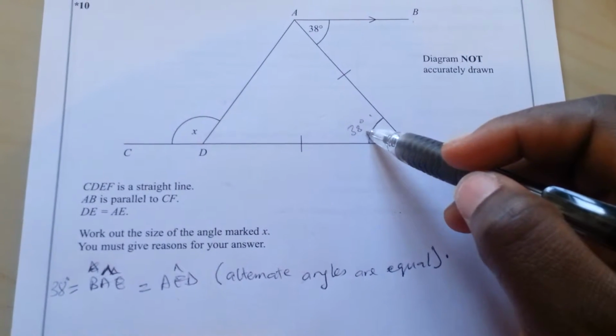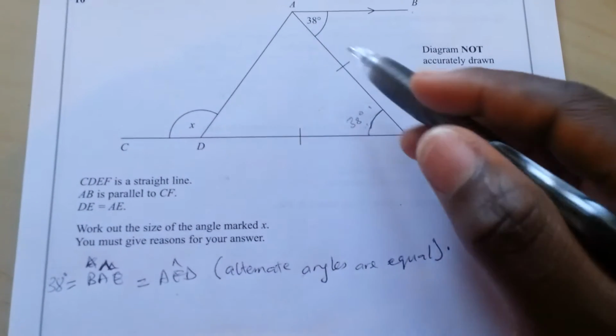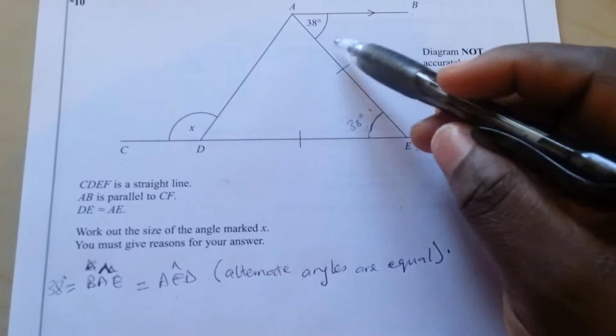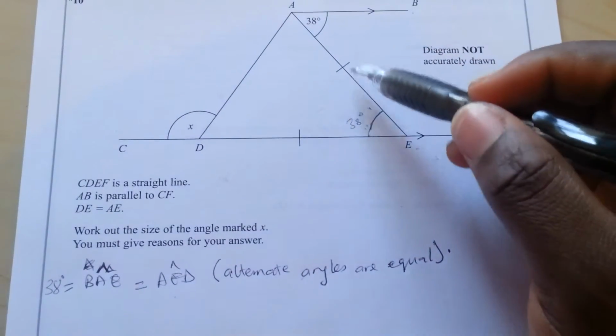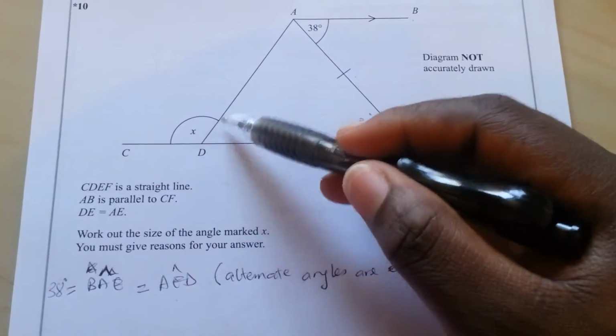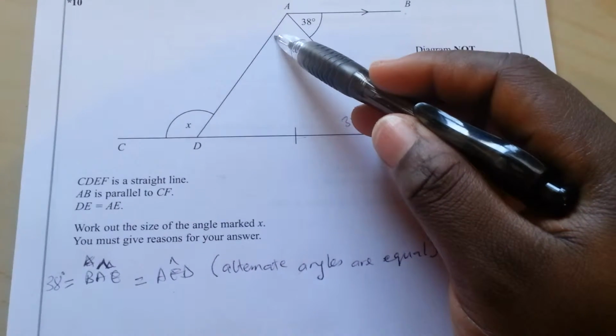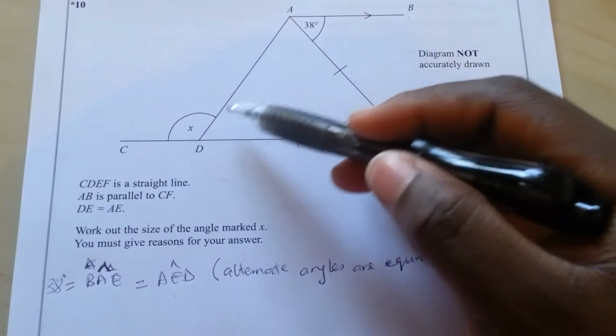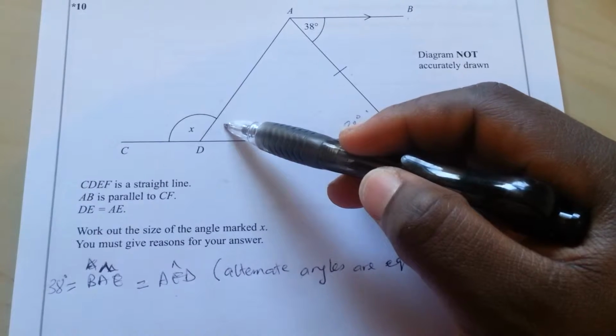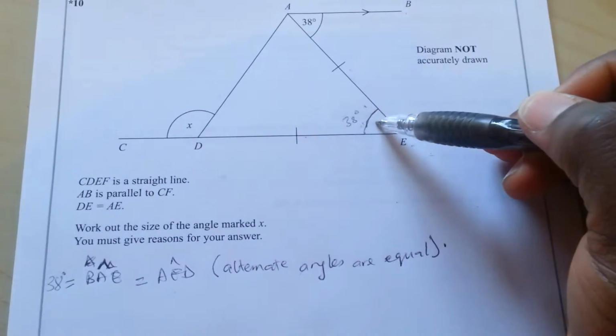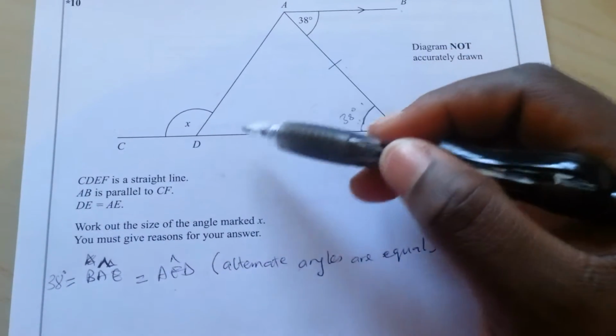Now, another thing we're told is that this is an isosceles triangle. For an isosceles triangle, when the two sides are equal, the two base angles will also be equal. So to find this angle, all we have to do is take this from 180 and divide by 2.